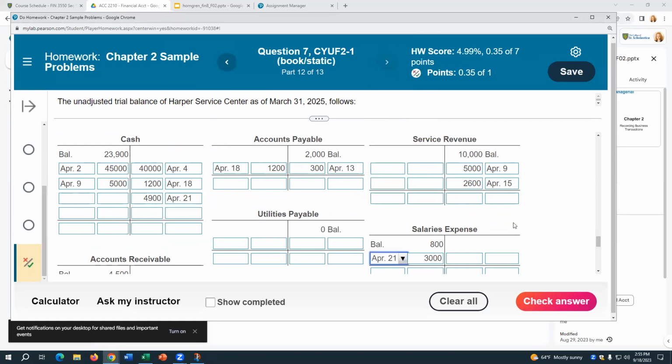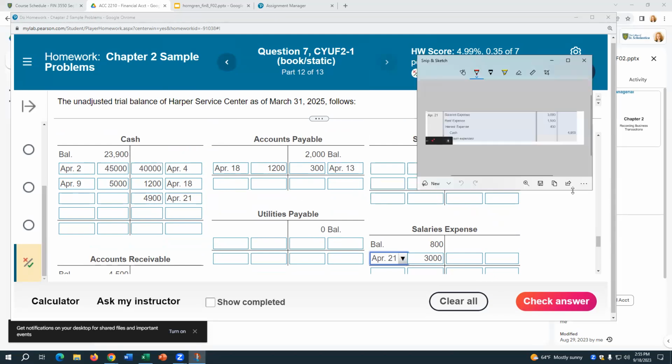This is kind of tedious, right? We won't do this for everything all semester. It's mostly this chapter here. Let's see, so rent 1,500, interest 400.